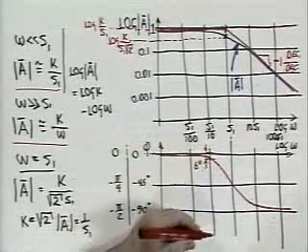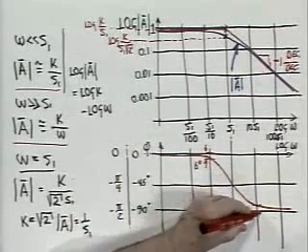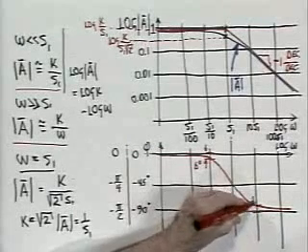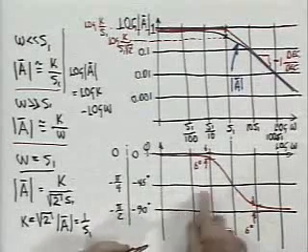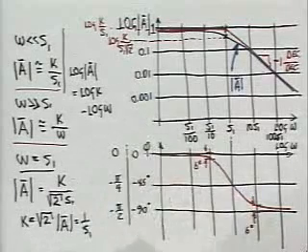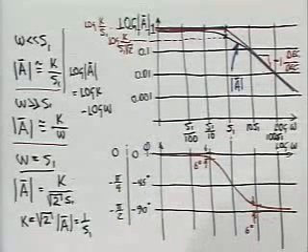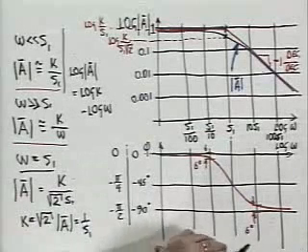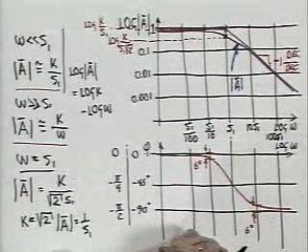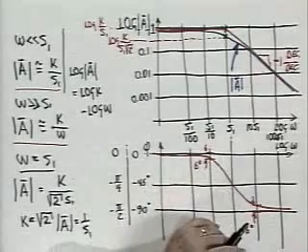This distance, the same, about 6 degrees. And it passes through the 45-degree point when omega equals S1. So these are the Bode plots for this function, for A equals k over S plus S1.